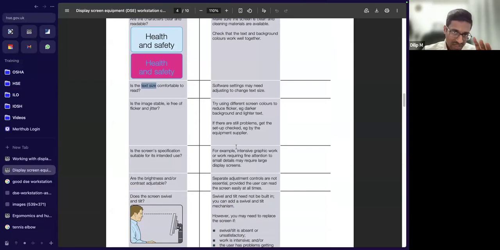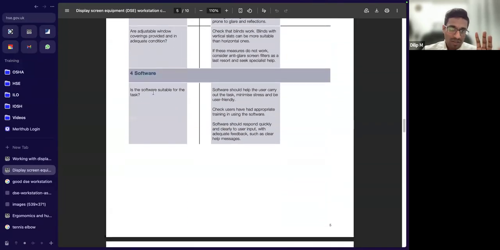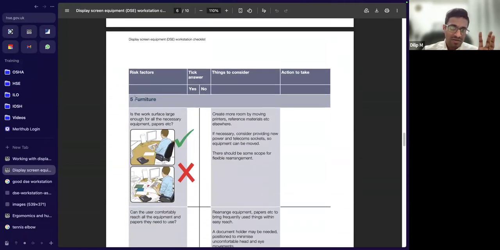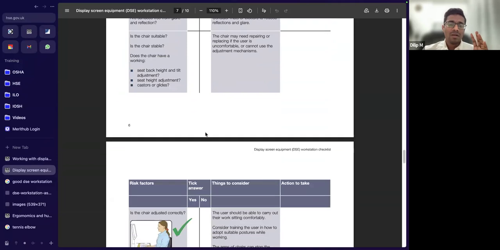And then the software that you're using, whether it is suitable for the task. And then the furniture: the tables and the chair, are they ergonomically designed and do they put you in a comfortable posture?